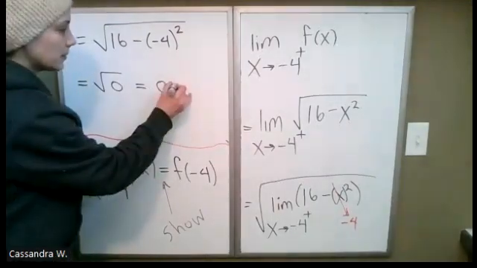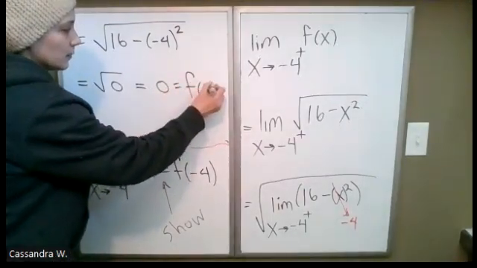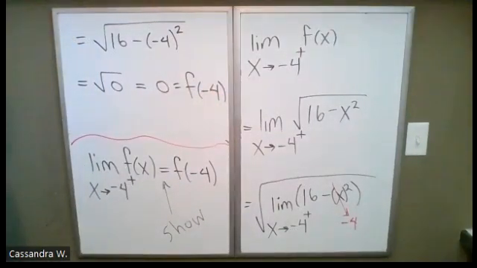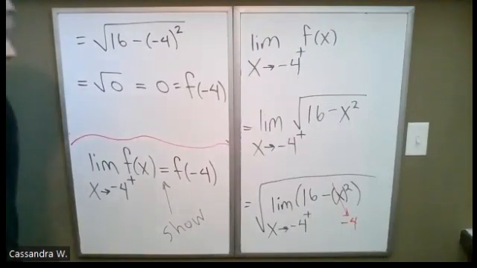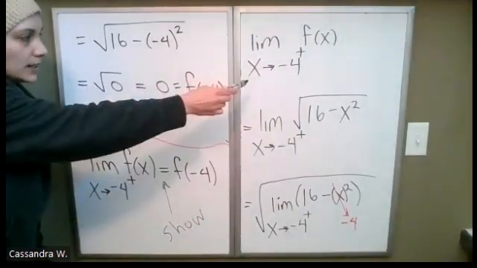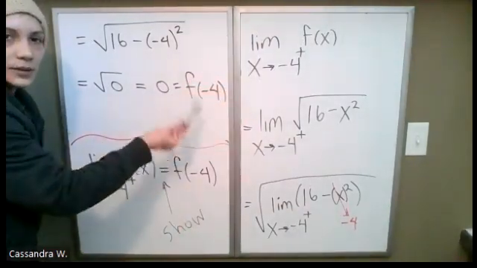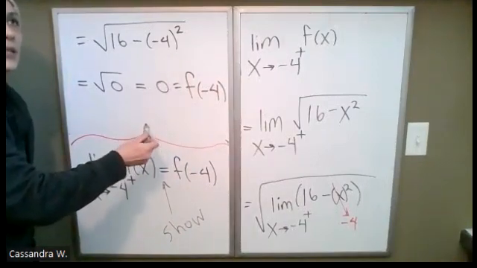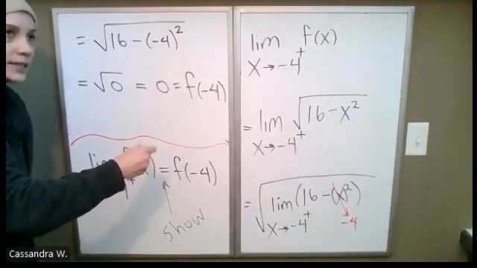You get that 0. That side is equal to that part. And we've shown that f is continuous at that end, where x is equal to -4.